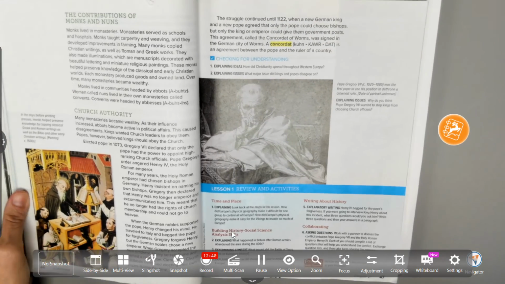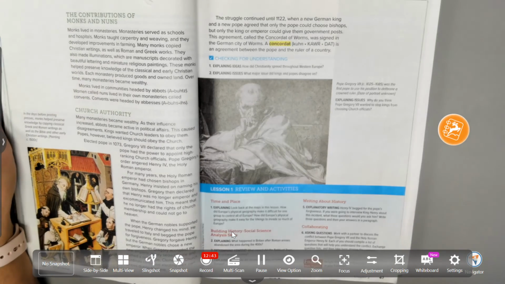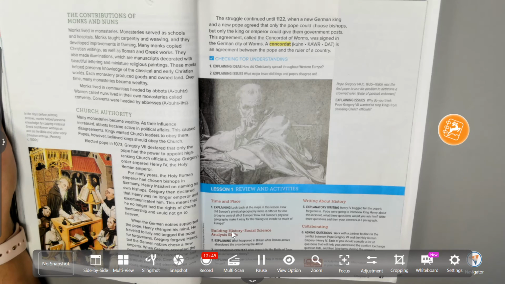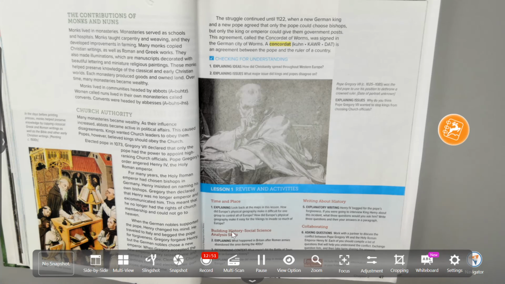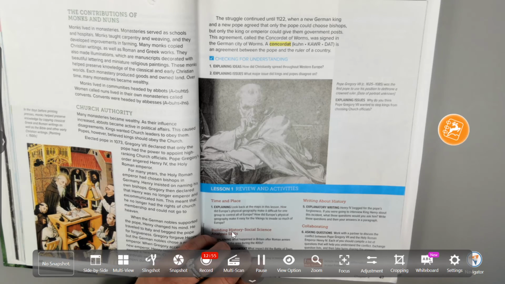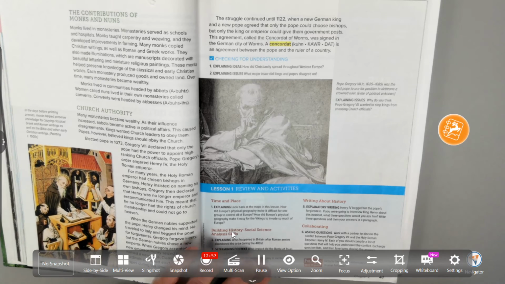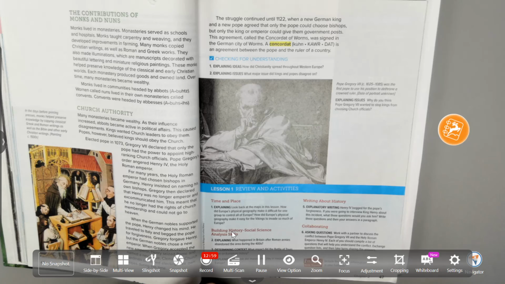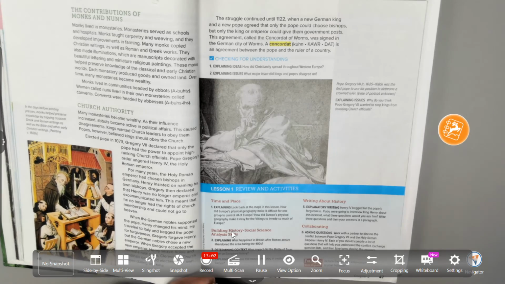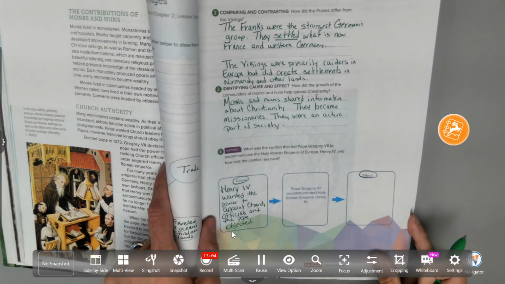Page 47. The struggle continued until 1122, when a new German king and a new pope agreed that only the pope could choose bishops, but only the king or emperor could give them government posts. This agreement, called the Concordat of Worms, was signed in the German city of Worms, and the Concordat means an agreement between the Pope and the ruler of a country. So what was the effect?